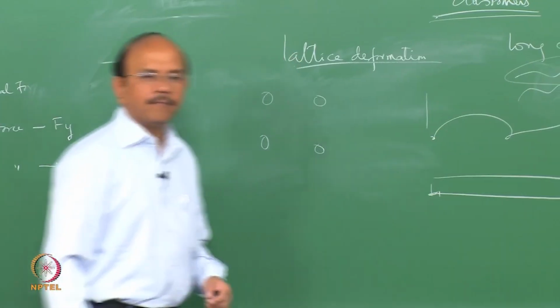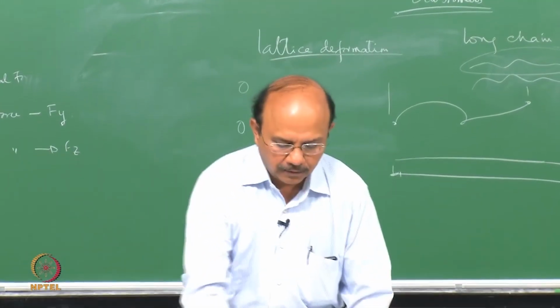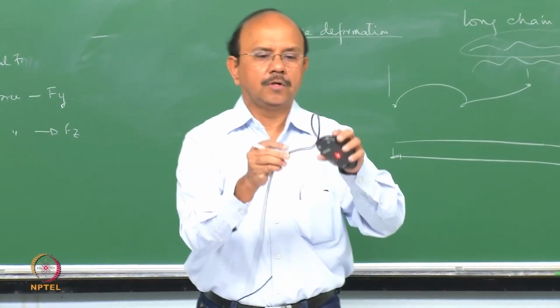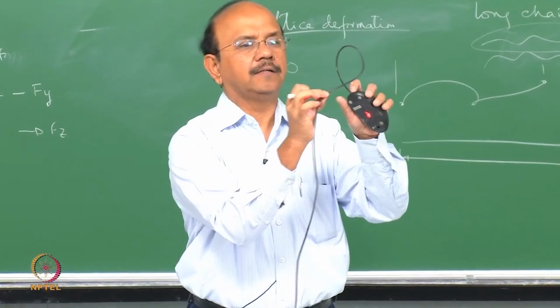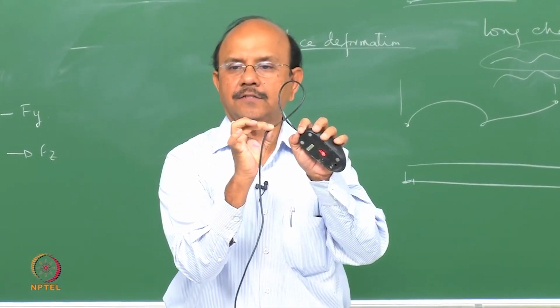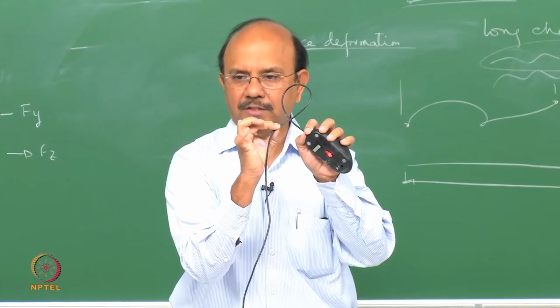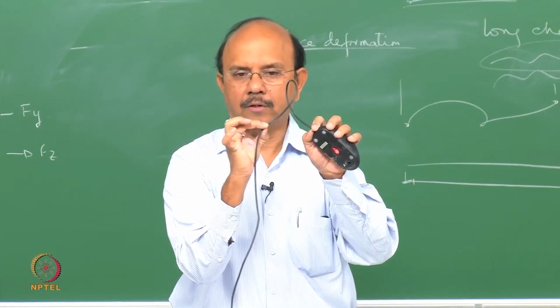Look at this. So you have a wire, say for example, if you take the mouse, let's say that this is the length from my left hand to right hand. This is the length of this long chain molecule as you see it outside. So now let's see what happens.